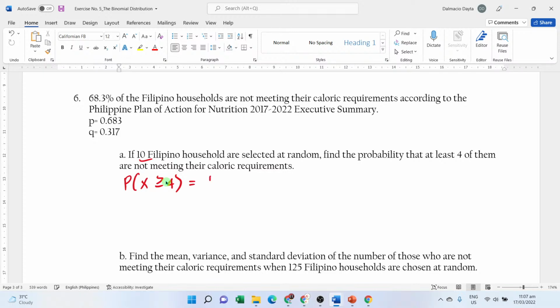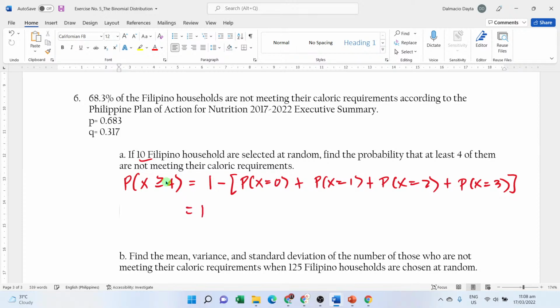Then, pwede na lang natin kunin yung 1 minus from 0 to 3. 1 minus p of x equals 0 plus p of x equals 1, p of x equals 2, hanggang p of x equals 3. Madami pa rin, pero at least it is smaller or mas maliit kung kukunin natin from 10 down to 4. Ang dami na.